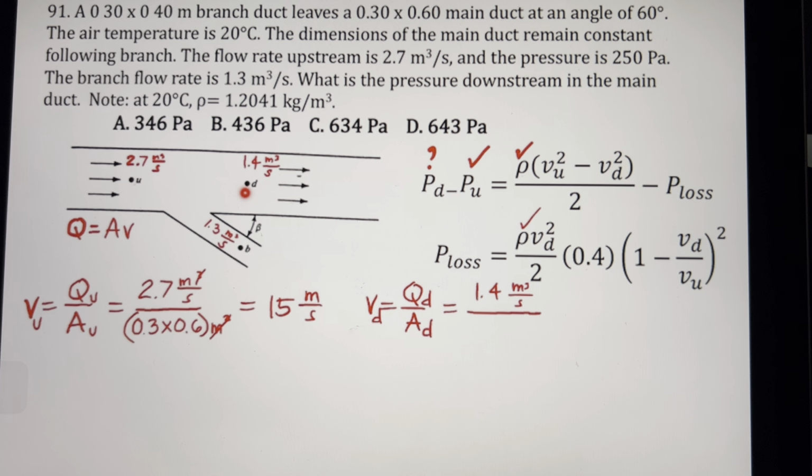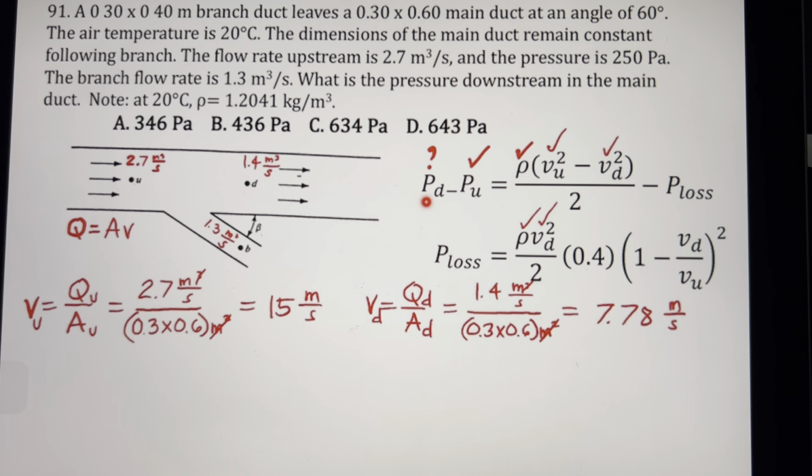The cross-section area at the downstream is the same as the cross-section area at the upstream, so that is 0.3 and 0.6. So our velocity downstream is 7.78 meters per second. And now we have our upstream and downstream velocities.